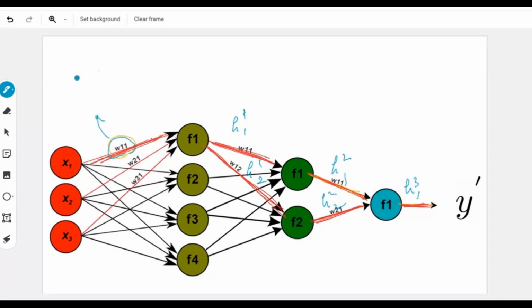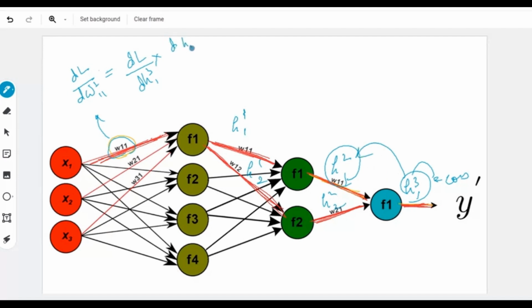Okay, so for this weight, differentiation of loss with respect to this weight will be equal to, this is 1 1, and into the first layer. So differentiation of loss with respect to this first, that is H31. Differentiation of this with respect to this now, H31 with respect to H21, then you have differentiation of this with respect to this.